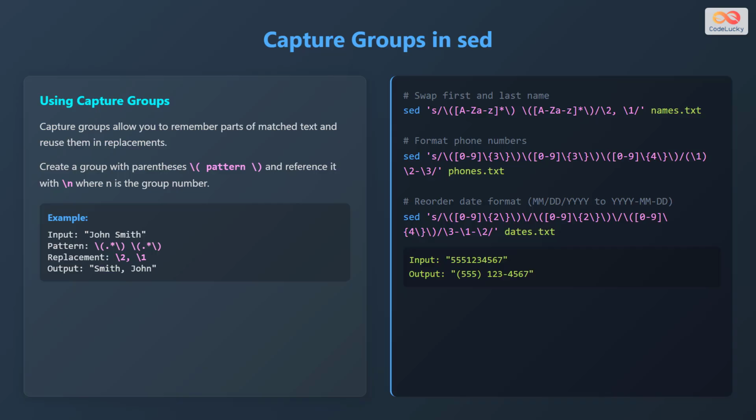This rearranges a 10-digit number into XXX-XXX-XXXX format. And to reorder a date from mm/dd/yyyy to yyyymmdd, use sed with three capture groups and replace with \3\1\2 on dates.txt. As an example, transforming 555-123-4567 using the phone number formatting command gives the formatted result.